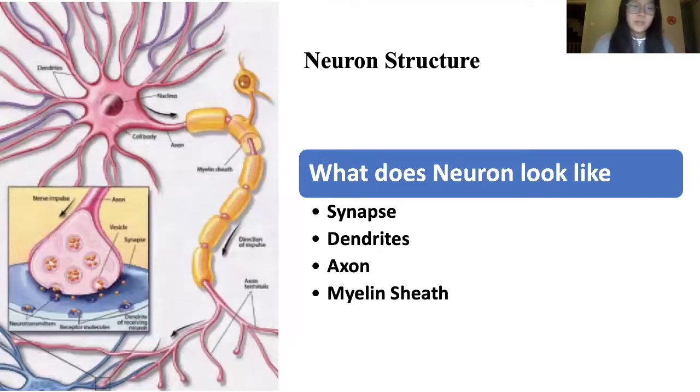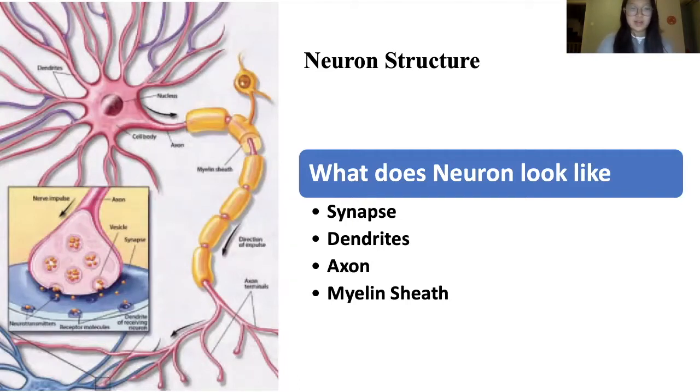We're mainly discussing these four parts of the neuron. The first one is the synapse. Synapses are the contact point where one neuron communicates with another. Dendrites are fully covered with synapses because dendrites are responsible for receiving messages from other neurons, and these synapses help dendrites do their job right.